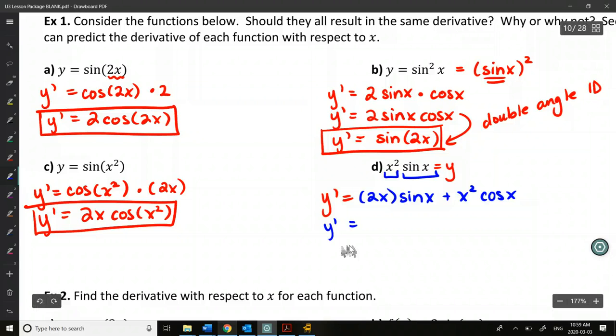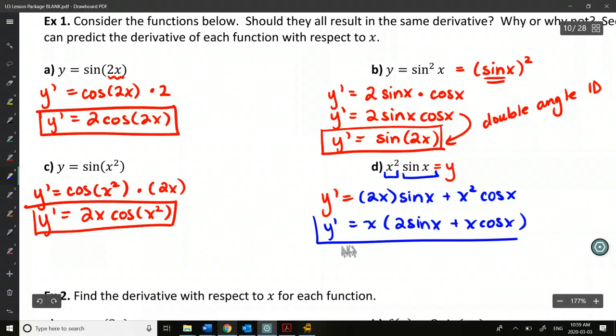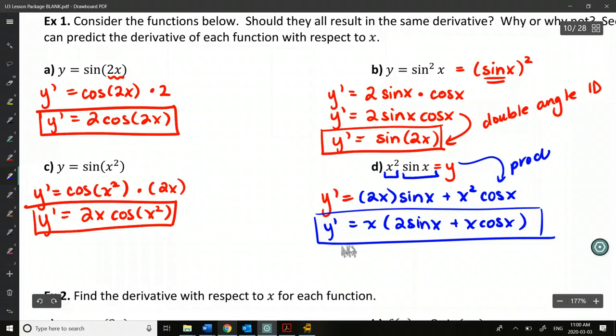And I don't think it's going to necessarily help us much, but we can common factor an x here. So we'll express it as x times (2 sine x plus x cos x). Okay, so product rule here.